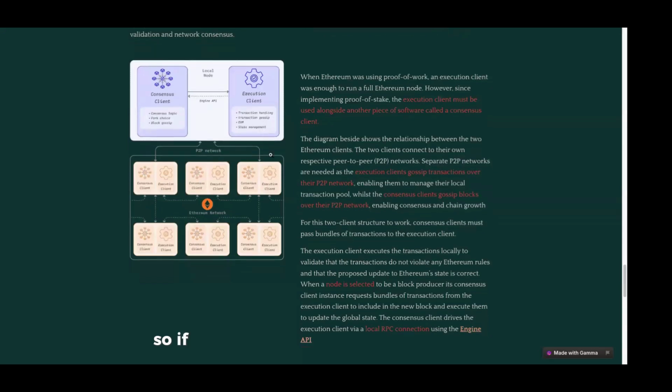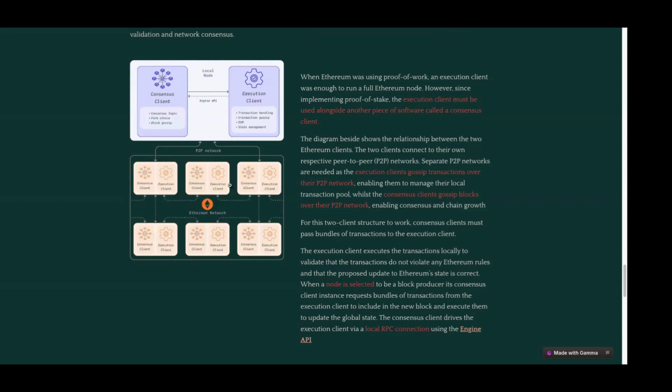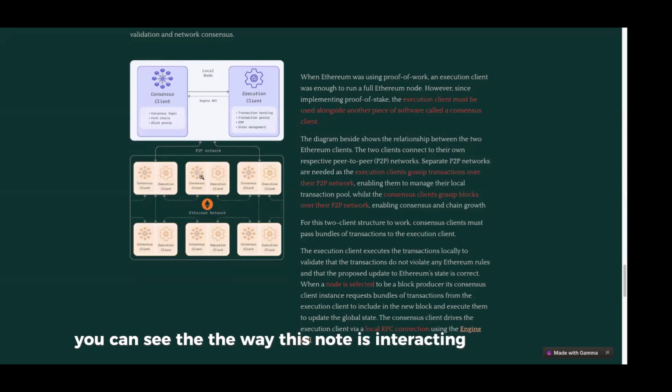So if this is, for instance, the Ethereum network, then this is a node having the consensus client and the execution client, and this is another node having the consensus client and execution client. All of this works in a peer-to-peer manner. As you can see, this node is interacting with this, and this is also interacting with this.